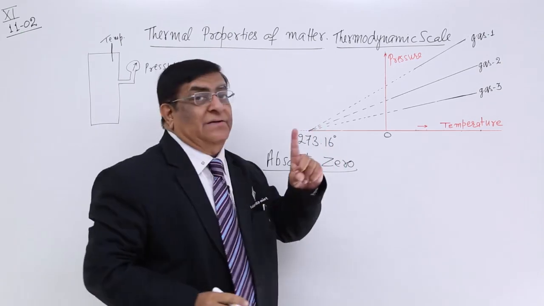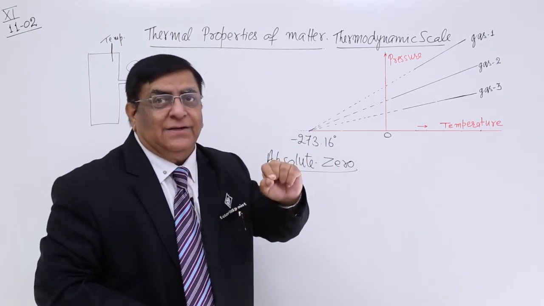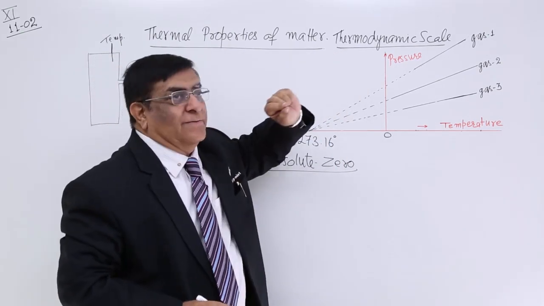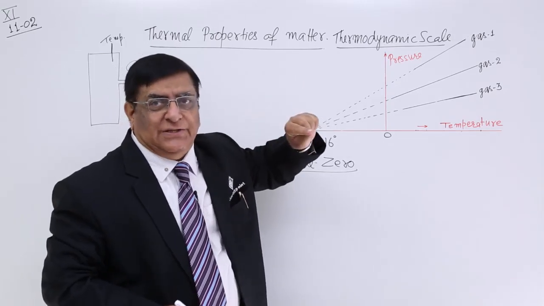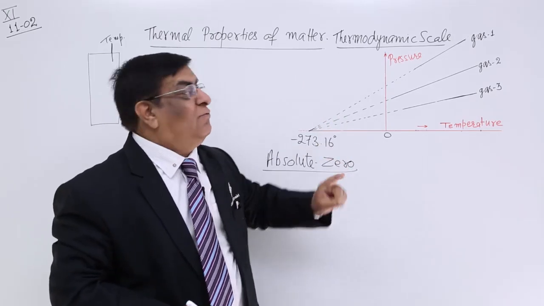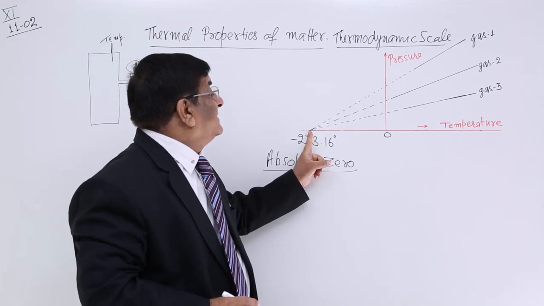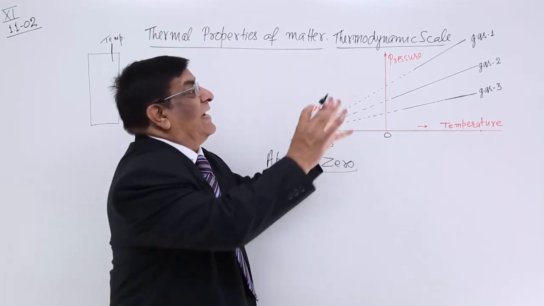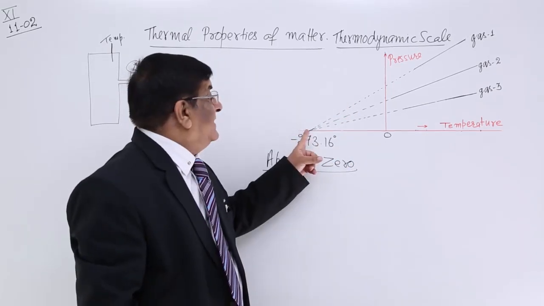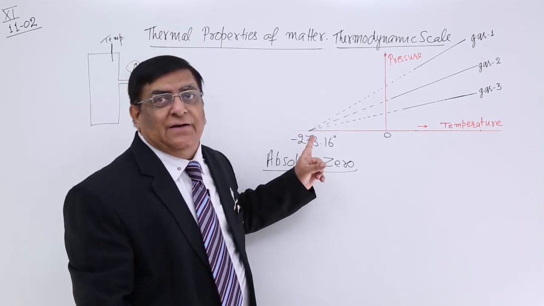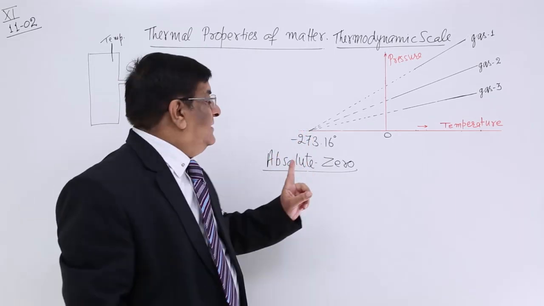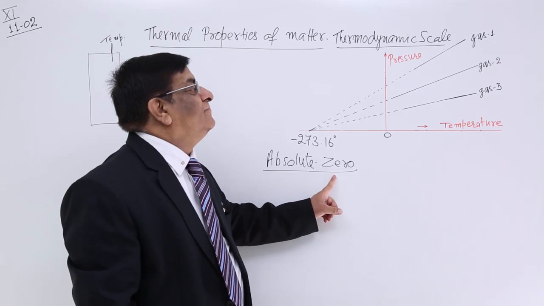And they indicated the fact that activity of atoms, that is energy, that is pressure, will become 0 at the same temperature, whatever is the gas. At the same temperature. There, the energy is 0, that is why absolute 0.